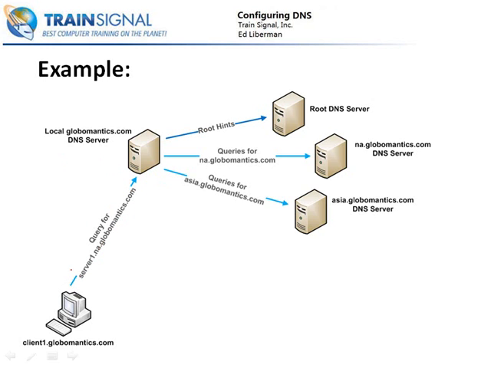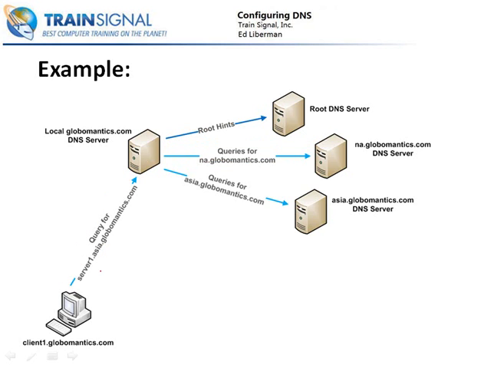But what if the client was asking for server1.na.globalmantics.com? This local DNS server is not authoritative for that particular domain, and it has been configured with a conditional forwarder for the na.globalmantics.com domain. So it sends that request on to the appropriate DNS server, who then sends back an authoritative response, which goes back to the client.